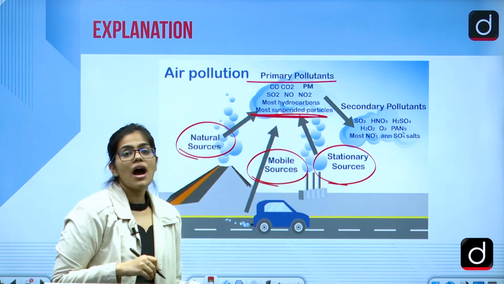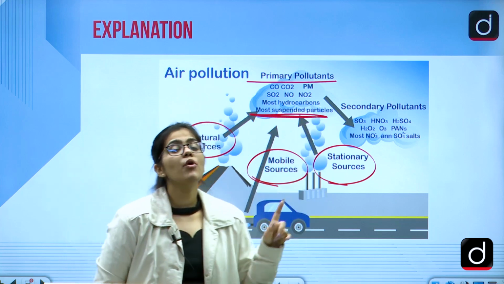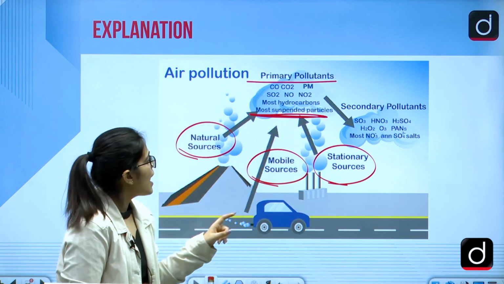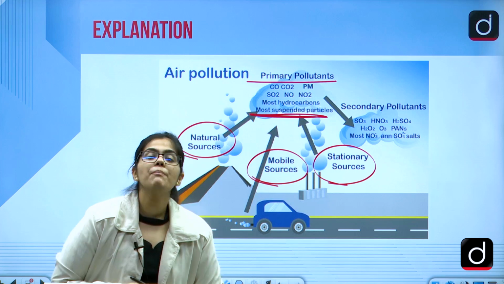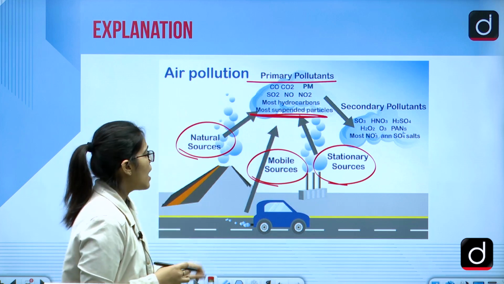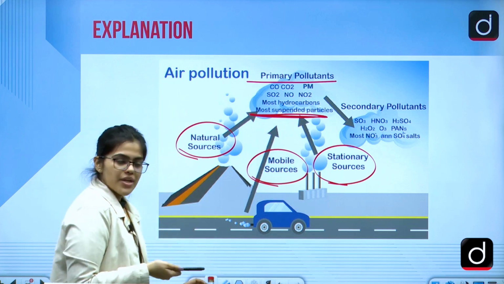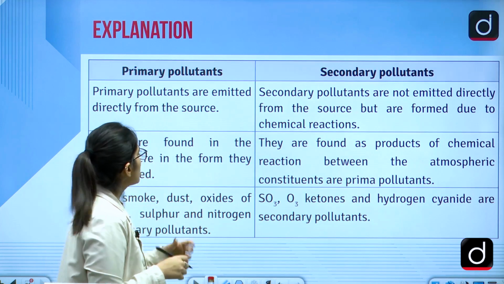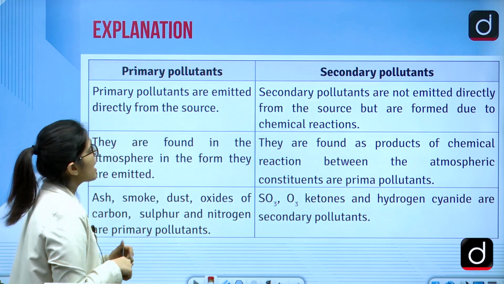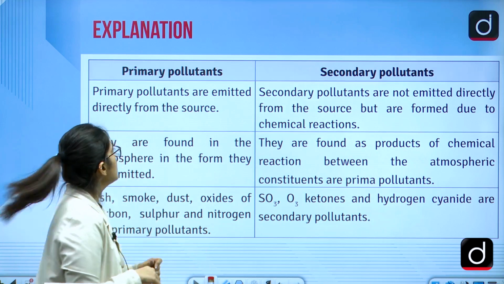All of these are what? They are the primary pollutants. While on the other hand, SO3, HNO3, and all of these compounds, when mixed together, become the secondary pollutants. This is a difference that is important for you, hence I brought it today.